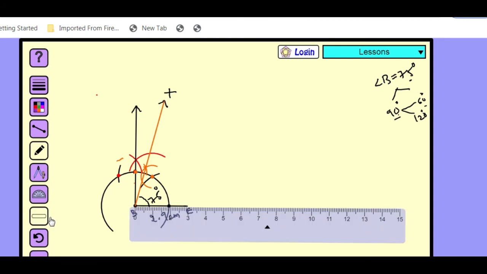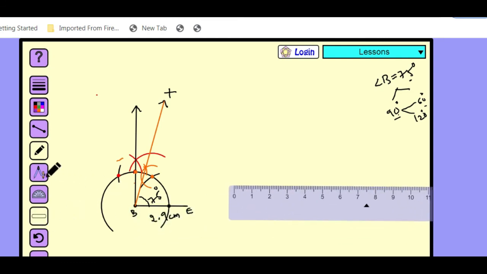For that you should take the ruler and take the compass length as 3.4 centimeters. Now with center B, draw an arc on BX at point T. Now this point we are getting as T. The length of B to T is 3.4 centimeters.